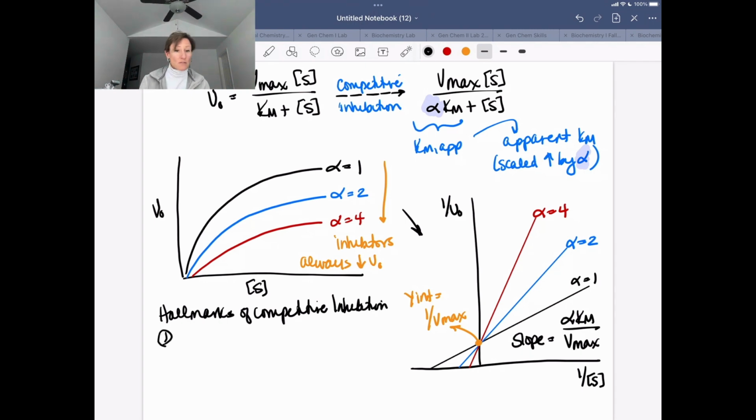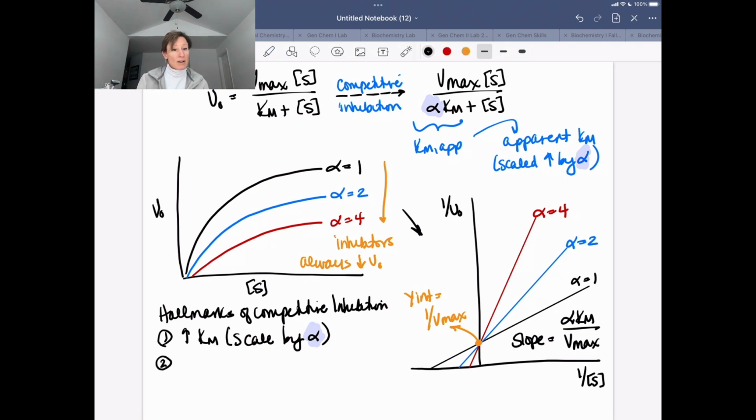Okay, the first is that we are going to increase our Km. We are going to scale our Km value by our alpha term, right? Our alpha term, the potency that we have there, okay?